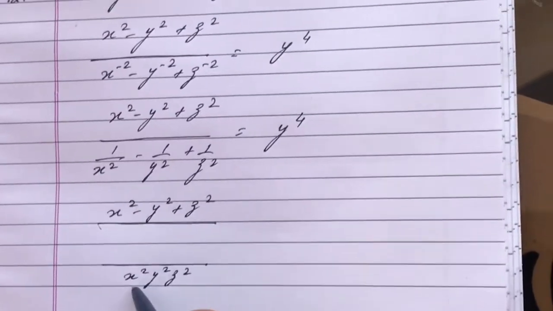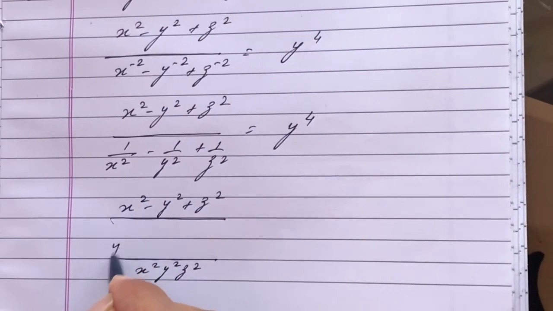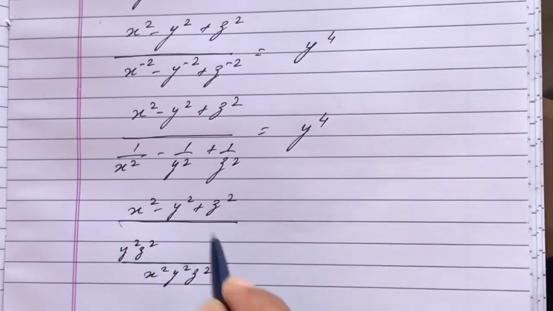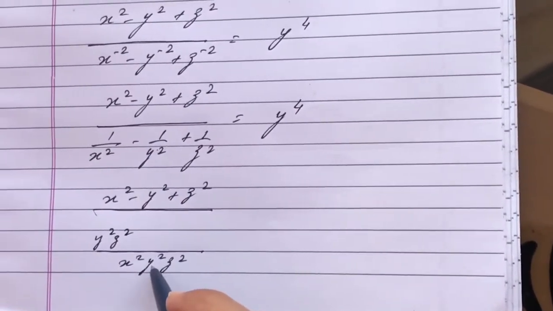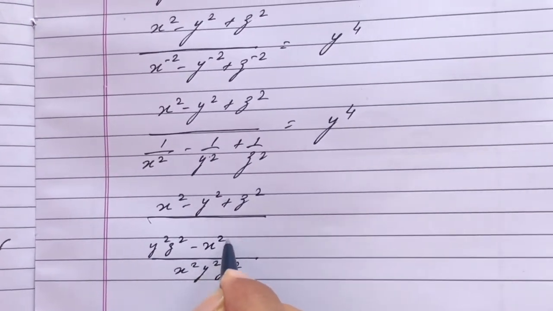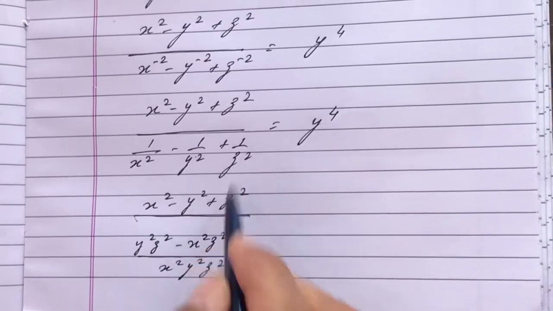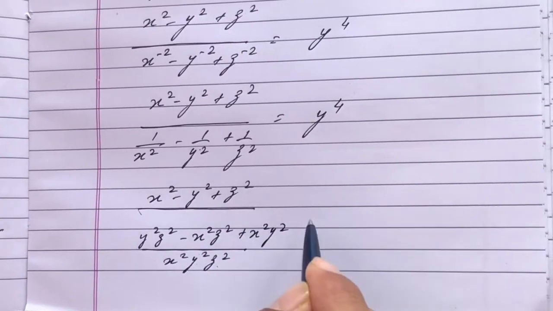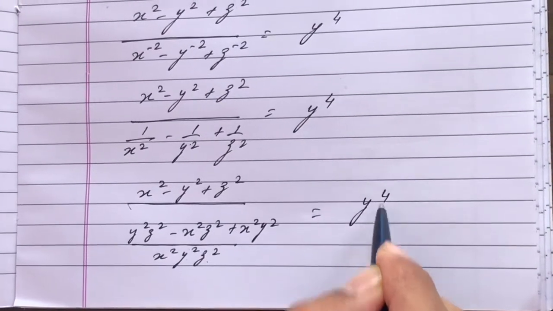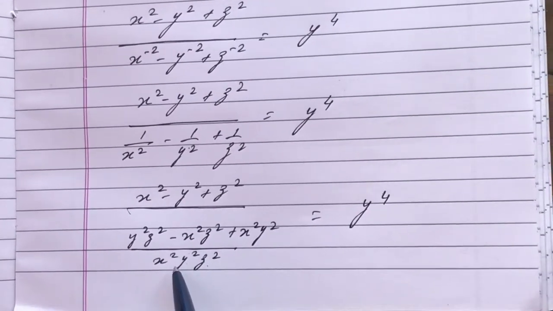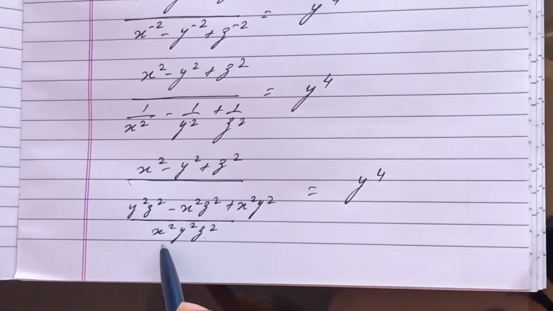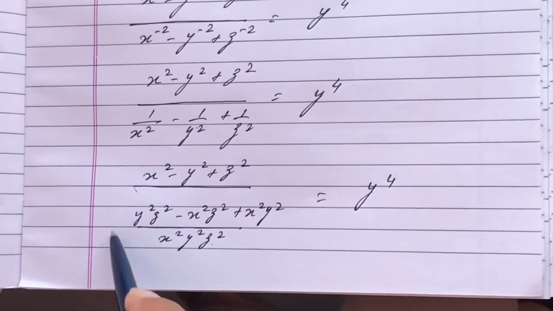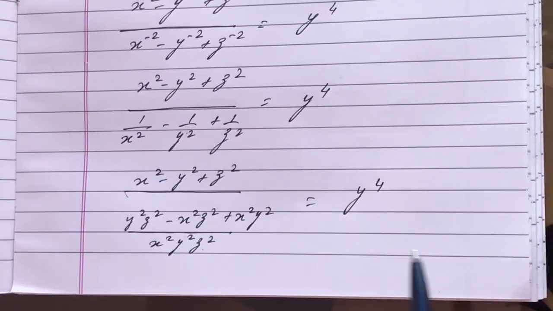So x square cancels with x square, it remains y square z square. Y square cancels with y square, it remains x square z square. Z square cancels, it remains x square y square, is equal to y4. And the next step on the next page, this will go into the numerator and get multiplied in the numerator.